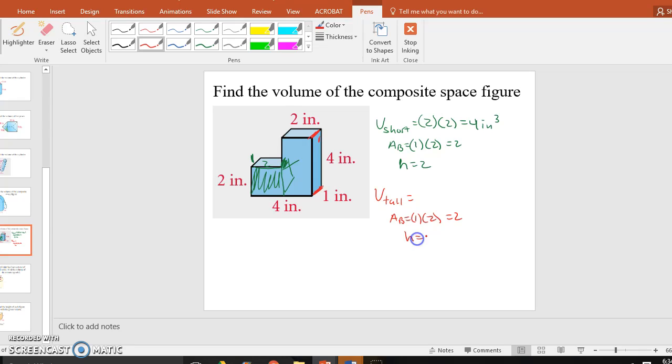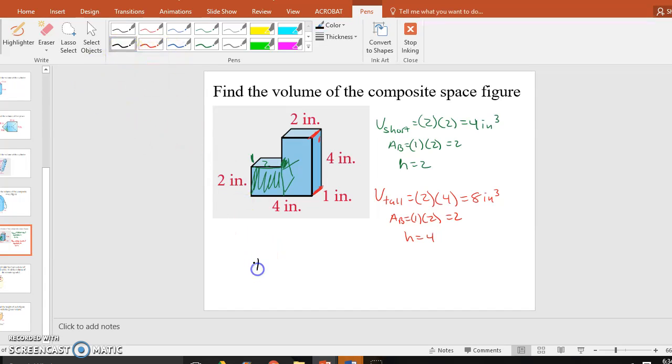But the height of this one is 4. So the volume of the tall one is the area of the base 2 times the height 4, which gives you 8 inches cubed.